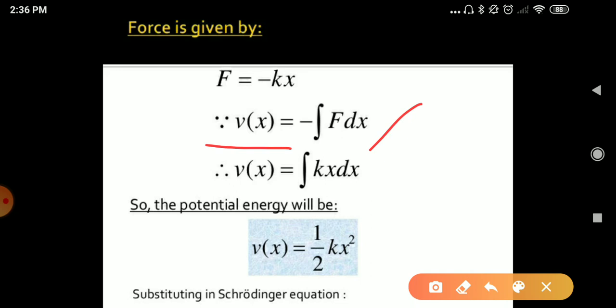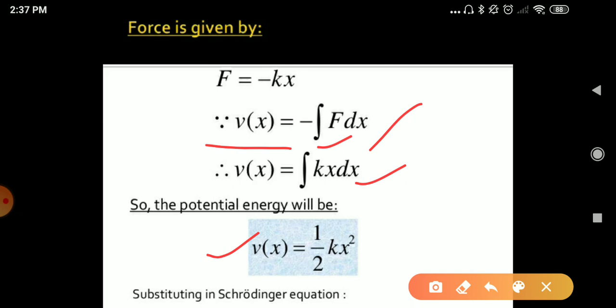Now the force is integrated, and we will get kx dx. So the potential energy will be V(x) equals 1 by 2 kx square.